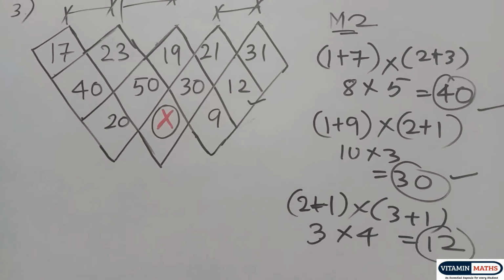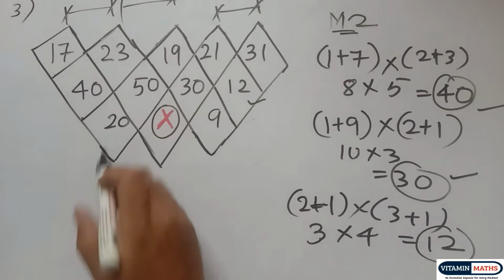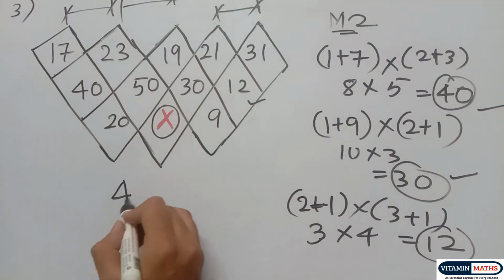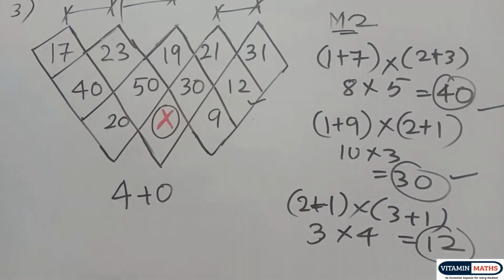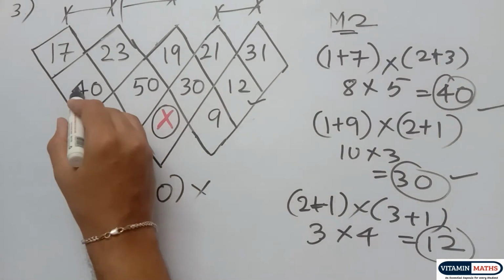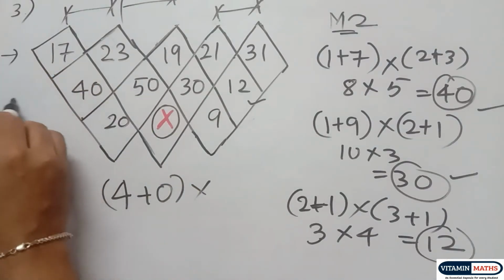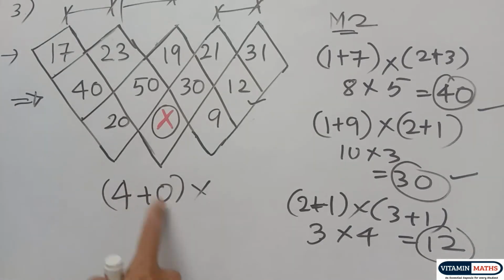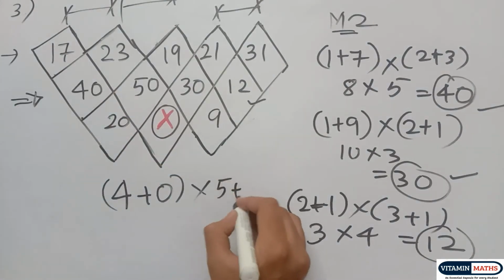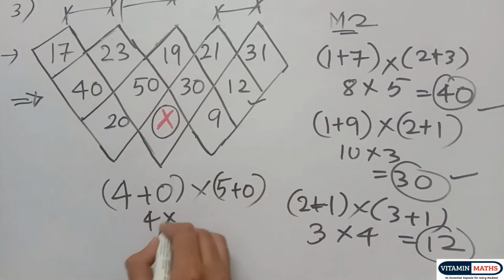Now in the same way, we have to take (4 plus 0) into (5 plus 0). First row is complete. Now we have to come to the second row. 4 plus 0 into 5 plus 0, so that is 4 into 5.